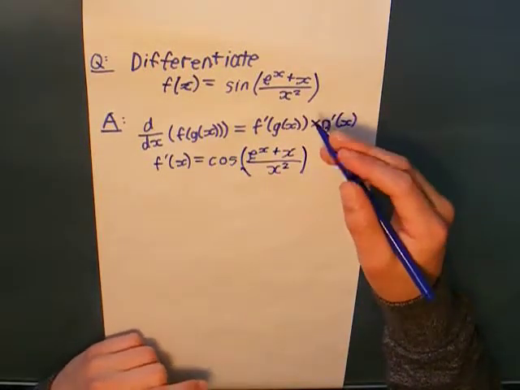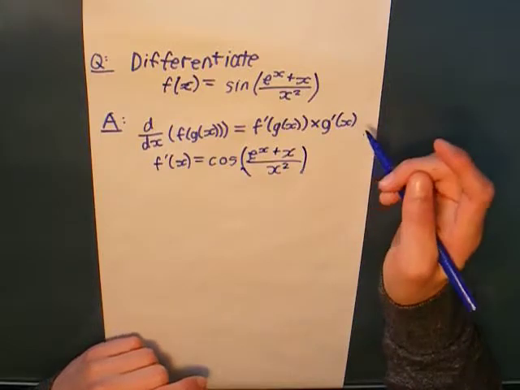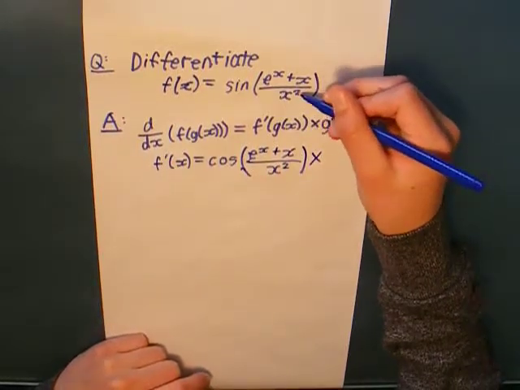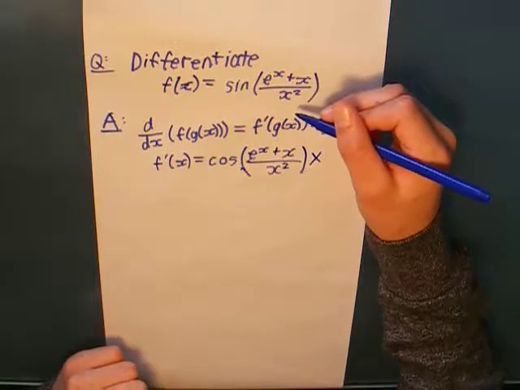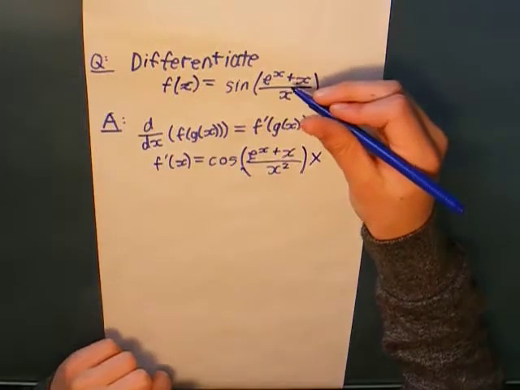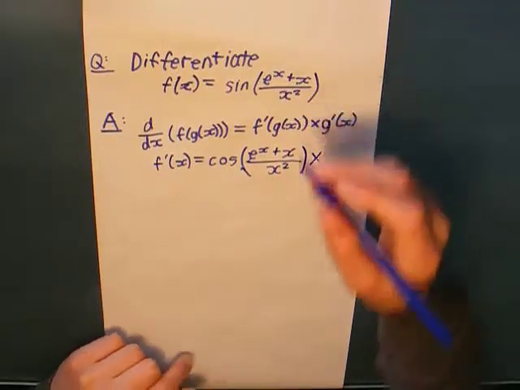Okay, so now I'm going to have to multiply this by the derivative of this, which I'll find using the quotient rule. So like I covered in my last video, the derivative of the numerator times the denominator.